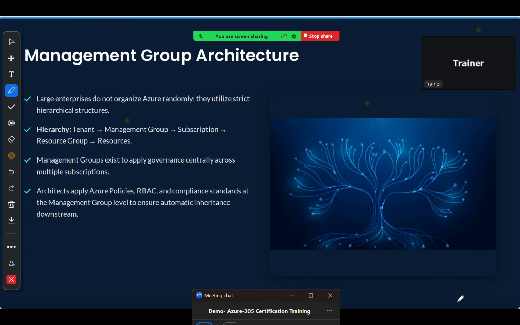Always use Azure policy. What are its use cases? You always use required tags, required encryption, blocking public IPs, allowed regions, and allowed VM sizes.